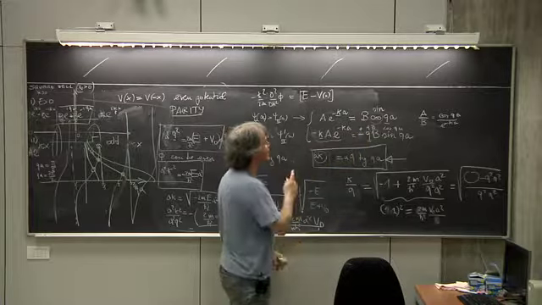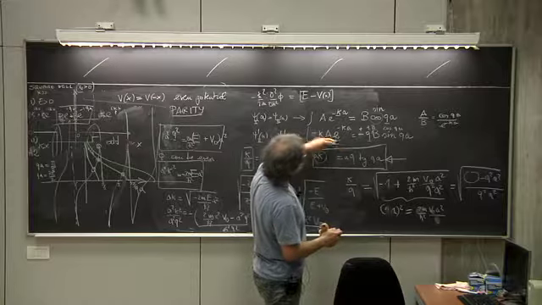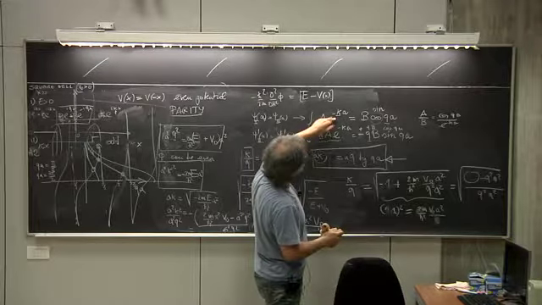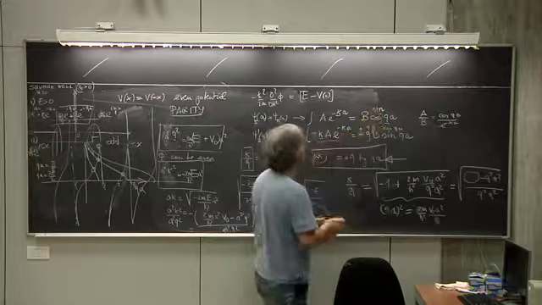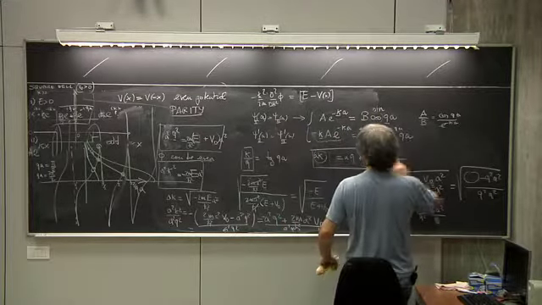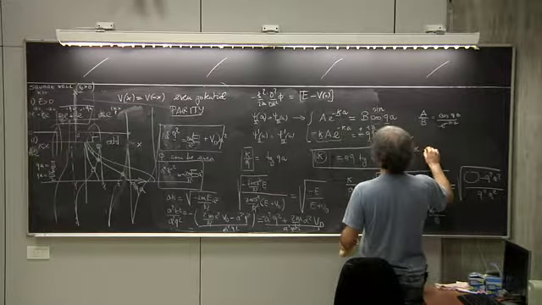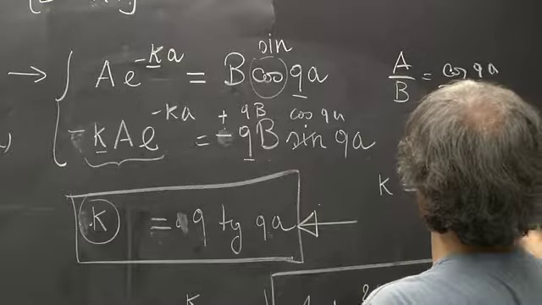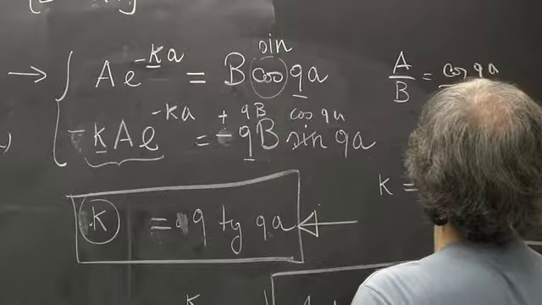So you see the minus is no longer cancelled. So you get an extra minus, and if you take the ratio of this over this, you also get cosine over sine. So the other equation is K equal to minus Q, the cotangent of QA.